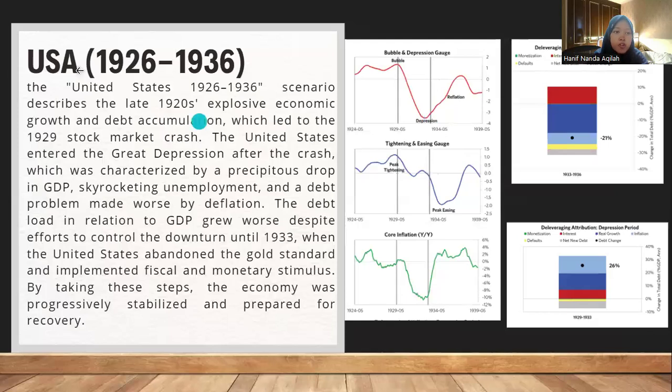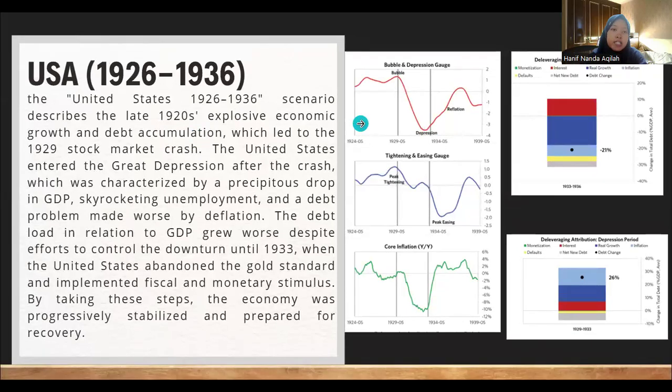For the USA, in 1926 until 1936, it's around 10 years. This is about the explosive economic growth and debt accumulation, which led to the 1929 stock market crash. The USA entered the Great Depression after the crash, which was characterized by a precipitous drop in GDP, skyrocketing unemployment, and a debt problem made worse by deflation.